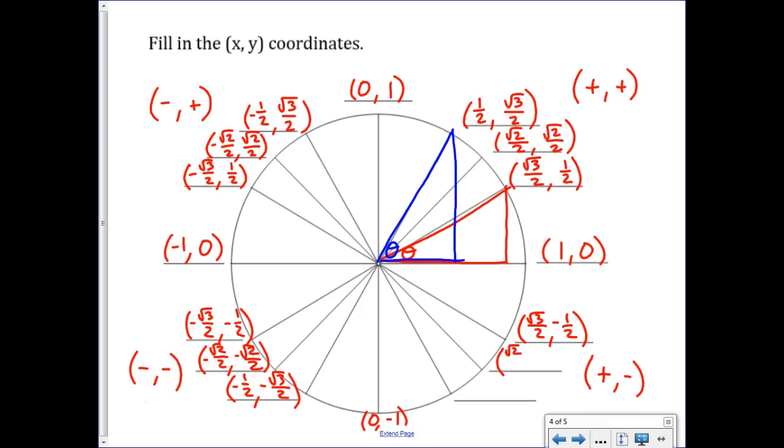We get radical 2 over 2, and then down radical 2 over 2. And then we have over 1/2 and down radical 3 over 2. So use those reflections to help you fill it out. All you really need to have memorized is that first quadrant. And again, I'll show you a few tricks that you can use to help you memorize those when we get to class.